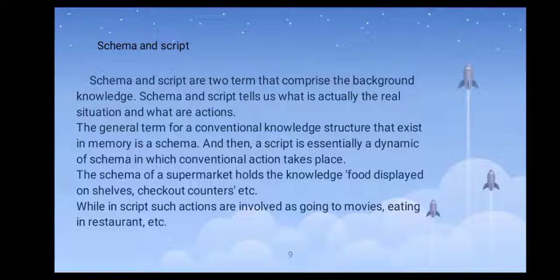The schema of a supermarket holds the knowledge of food displayed on shelves, checkout counters, etc. While in a script, such actions are involved as going to the movies, eating in a restaurant, etc.